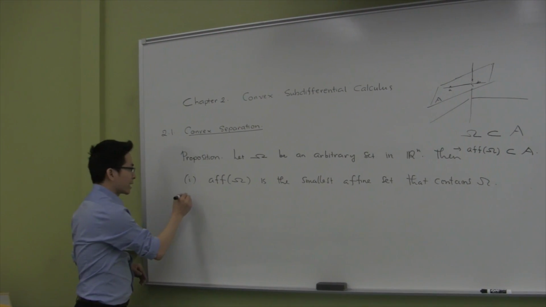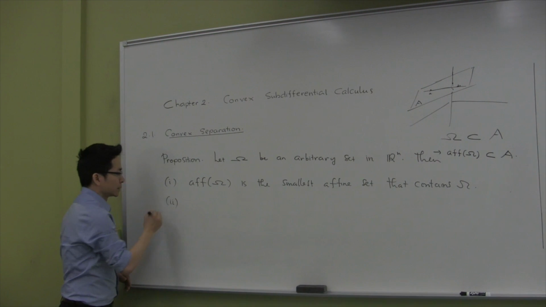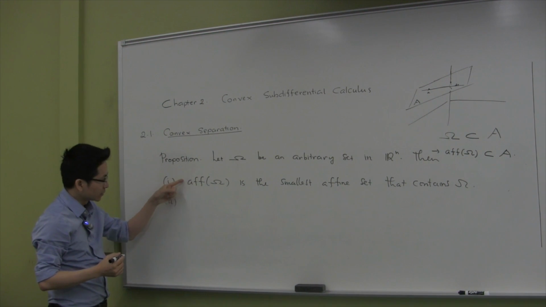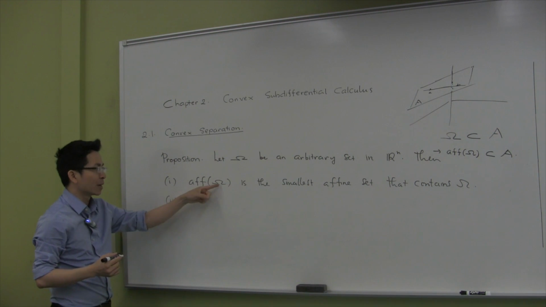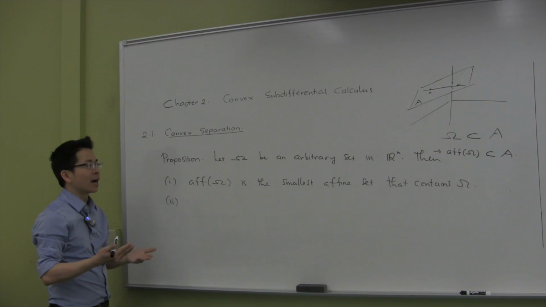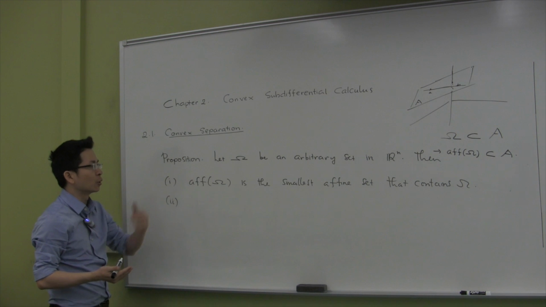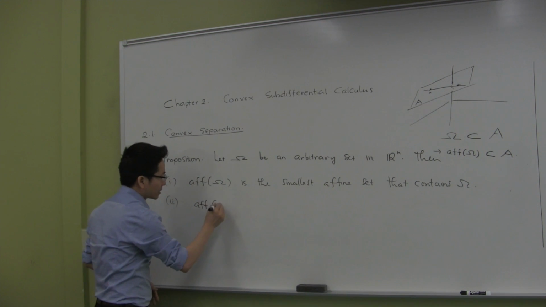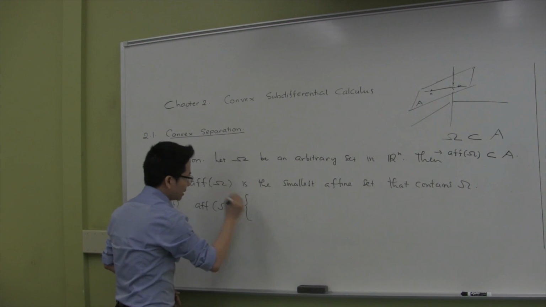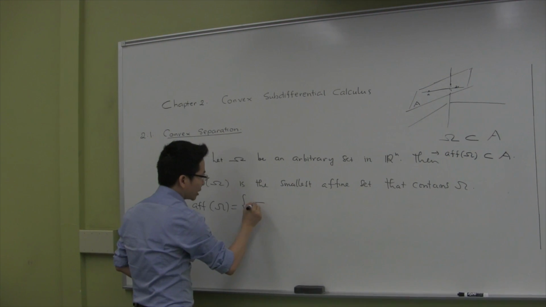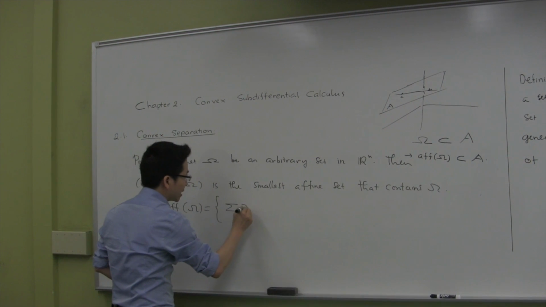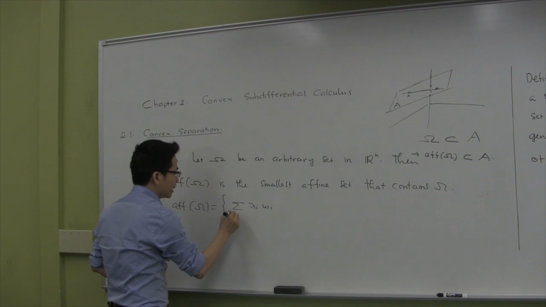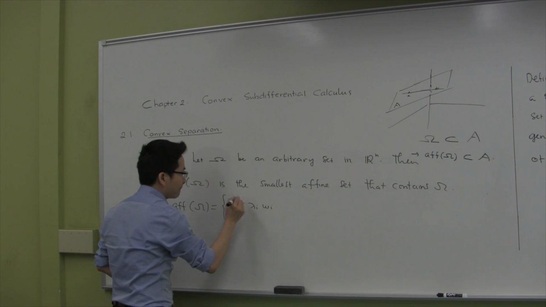And the second property gives a representation of the affine set generated by omega in terms of all affine combinations of omega. So alpha of omega has the following representation. It contains affine combinations of the form the sum of lambda I omega I, where I runs from 1 to m.